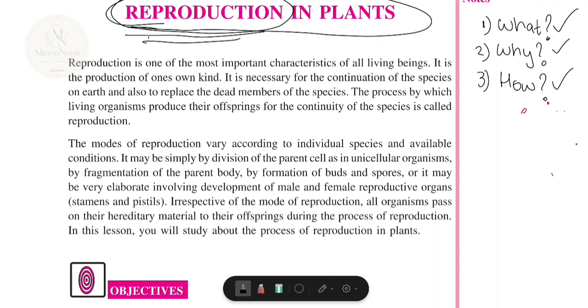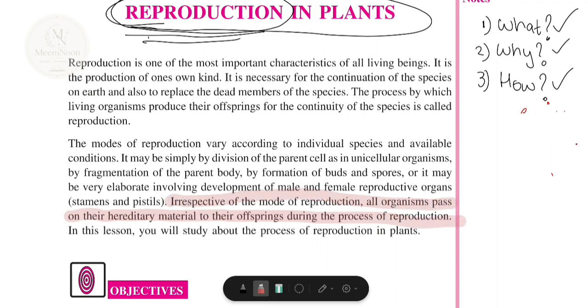But there is one more thing that we need to know. It does not go under any heading, but it is necessary. Even though we have so many variations in how organisms reproduce, one thing is passed down to every generation, and that is hereditary material.